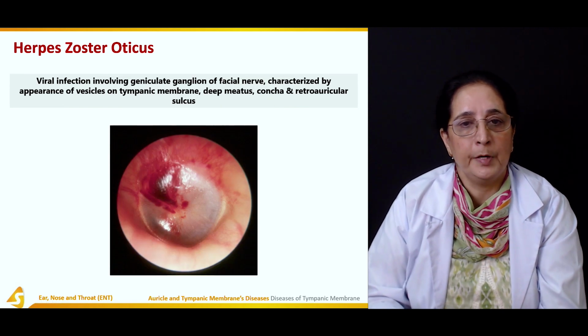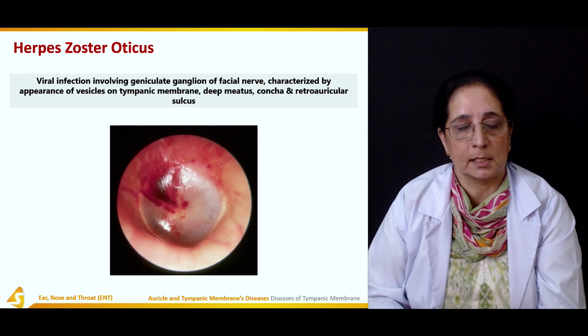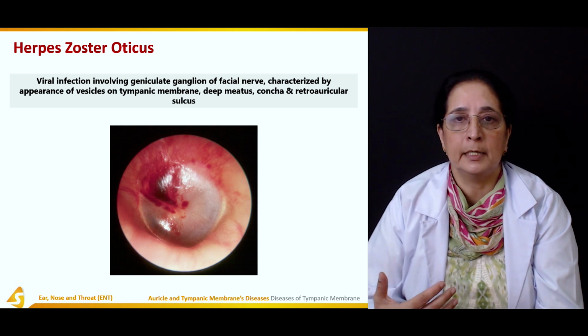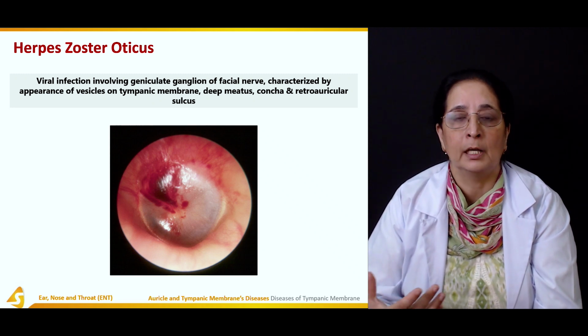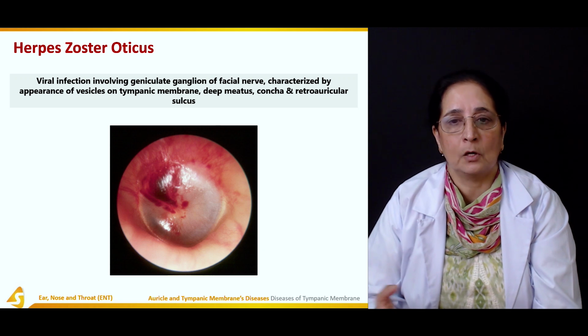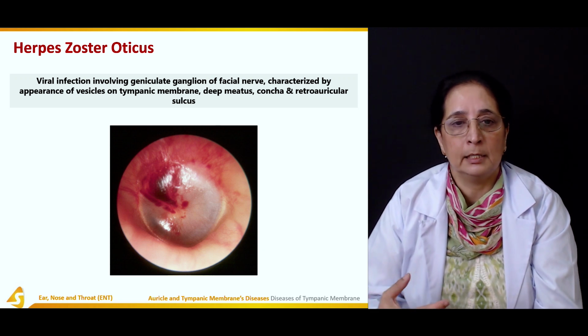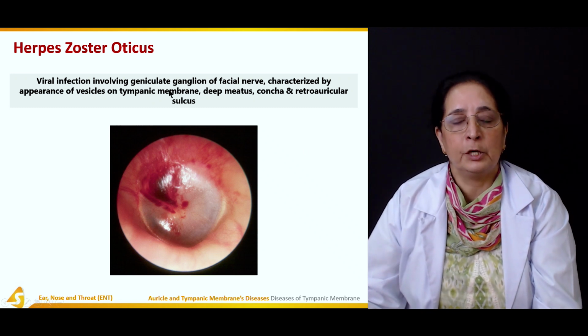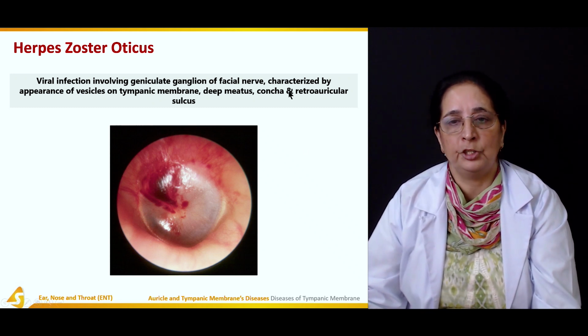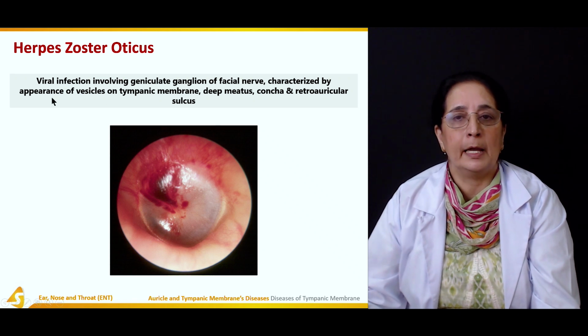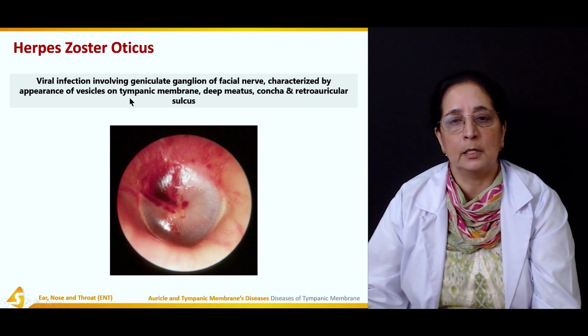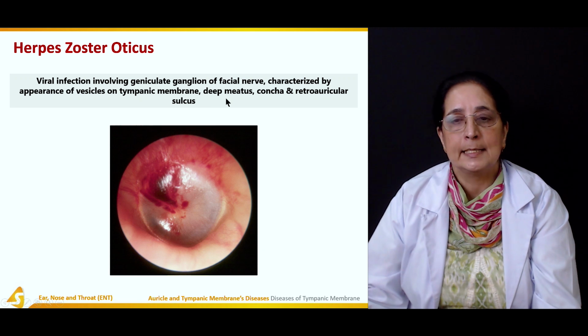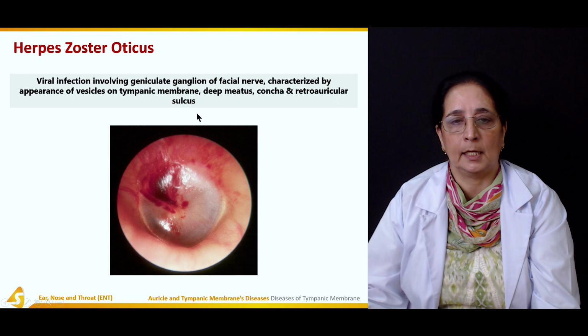Next is herpes zoster oticus. Herpes zoster is the viral infection that causes shingles. So it is a viral infection involving the geniculate ganglion of the facial nerve, characterized by appearance of vesicles on the tympanic membrane, deep meatus, concha, and retroauricular sulcus.